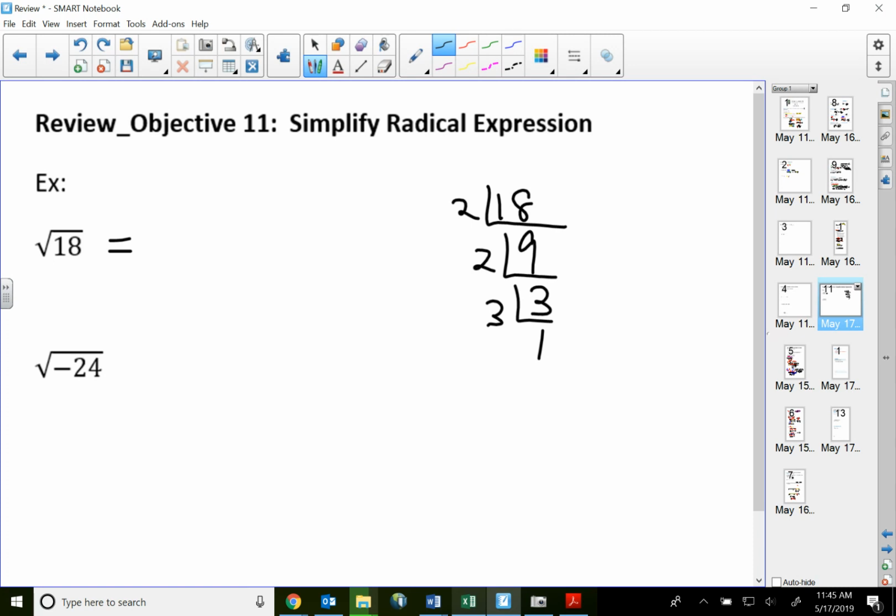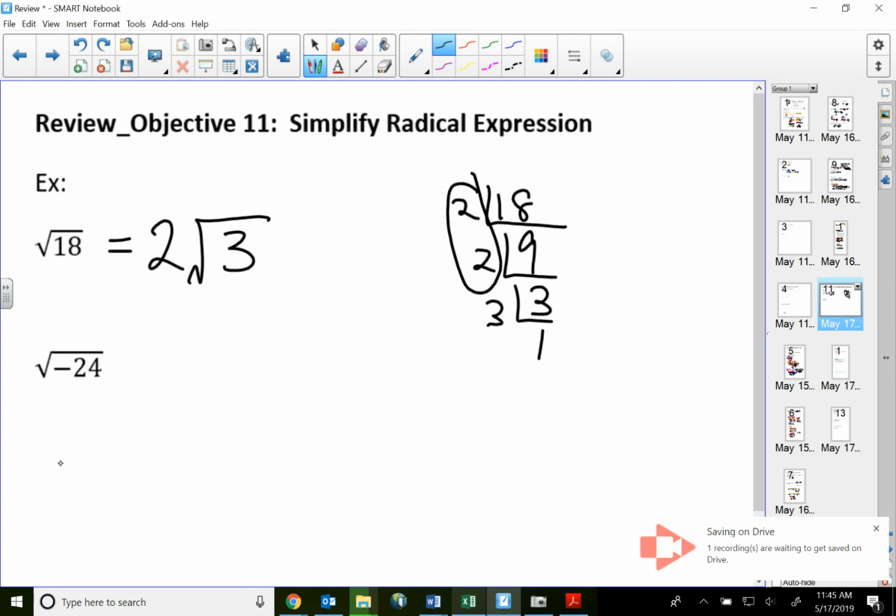What I'm looking for is two of the same numbers to go outside as one of them. The reason I only need two of the same number is because I'm working with the square root. So these two will go outside as one 2. The 3 cannot go outside, so it stays inside the square root. So that becomes 2 times the square root of 3.